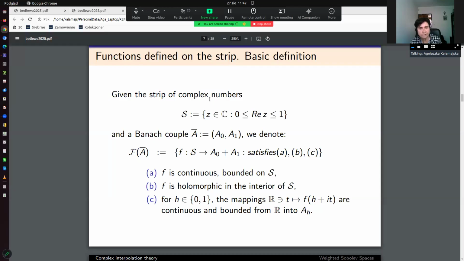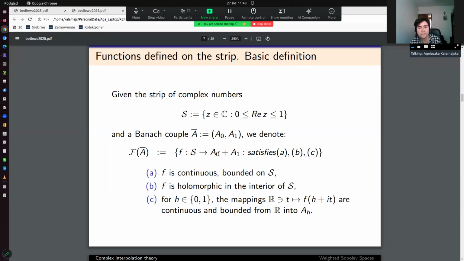And then, if we have such a strip and a Banach couple, by capital F of A bar we denote the set of functions which go from the strip to the sum A0 plus A1, and they satisfy the following three conditions. The first condition is that F is continuous and bounded on S. We should remember F goes from the complex numbers, a topological space, into the Banach space A0 plus A1.